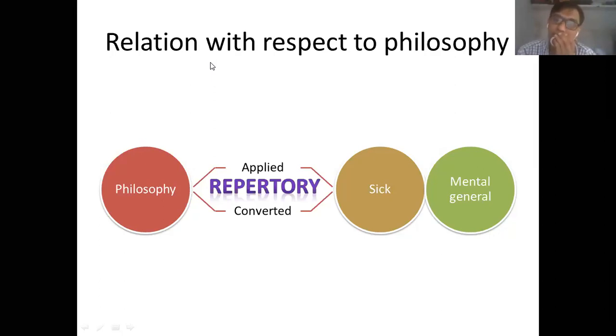Otherwise, it was very difficult, and the credit of making this aphorism operational goes to masters like Dr. James Tyler Kent. So there are so many philosophies that are converted into the repertory only because of the development of repertory. So there is one more concept, of susceptibility. Susceptible individuals, possessions, etc., miasm.